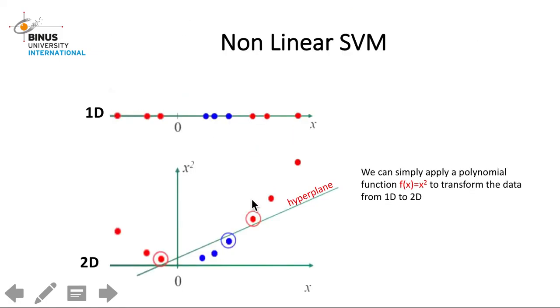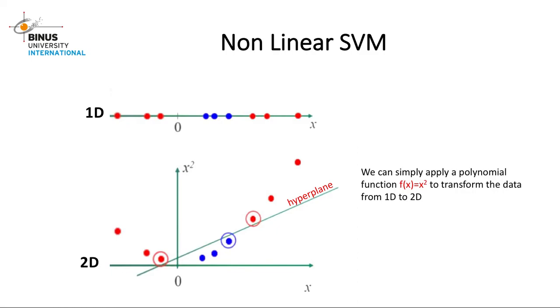How about the nonlinear SVM? What if we have data like XOR, where we cannot easily draw a line to separate between black and white, between positive and negative? One way to do that is to simply transform the data into a higher degree polynomial.